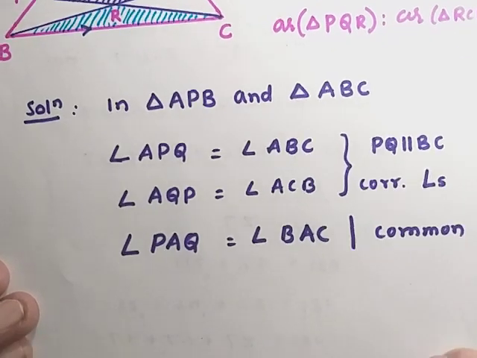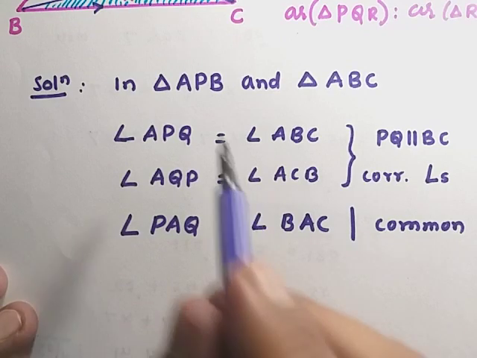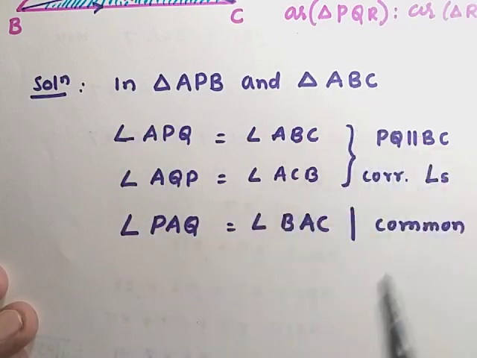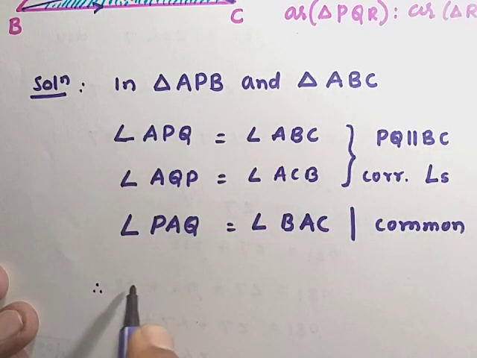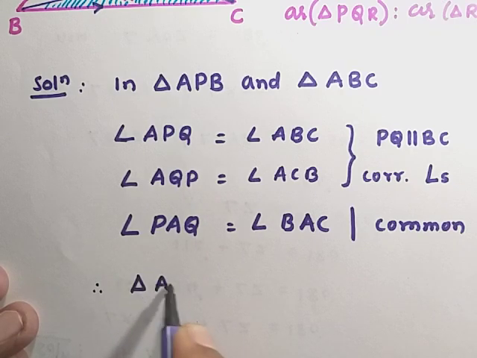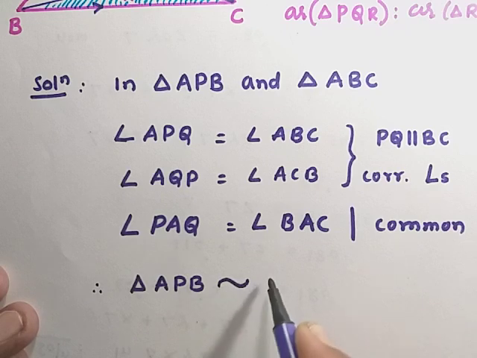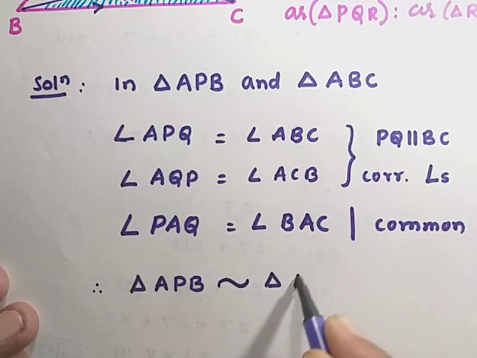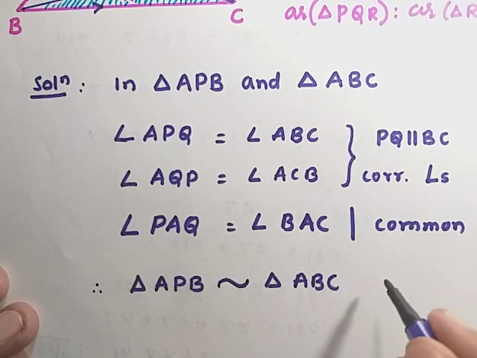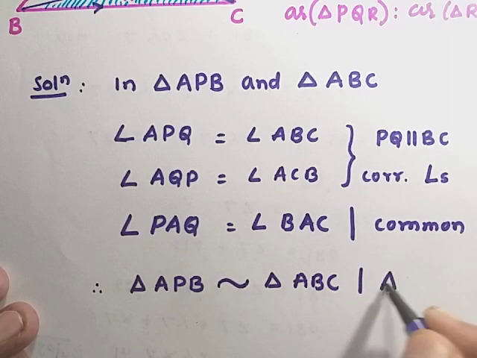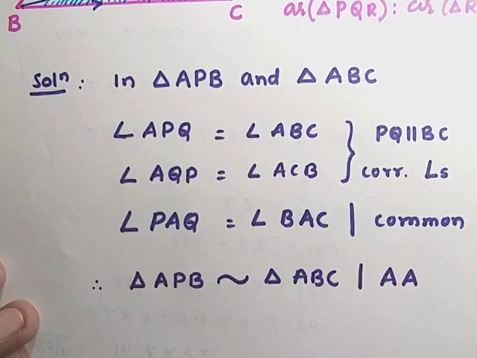Hence triangle APQ is similar to triangle ABC, by the AA criterion of similarity.